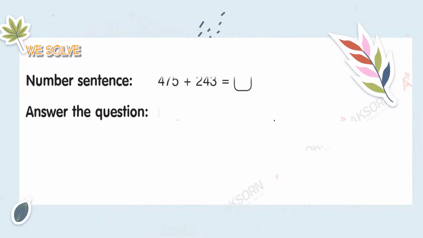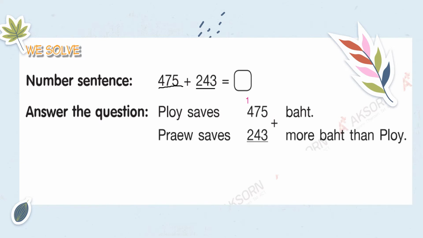So we can write it in a number sentence. 475 plus 243. So Ploy saved 475, while Preo saves 243 more than Ploy.